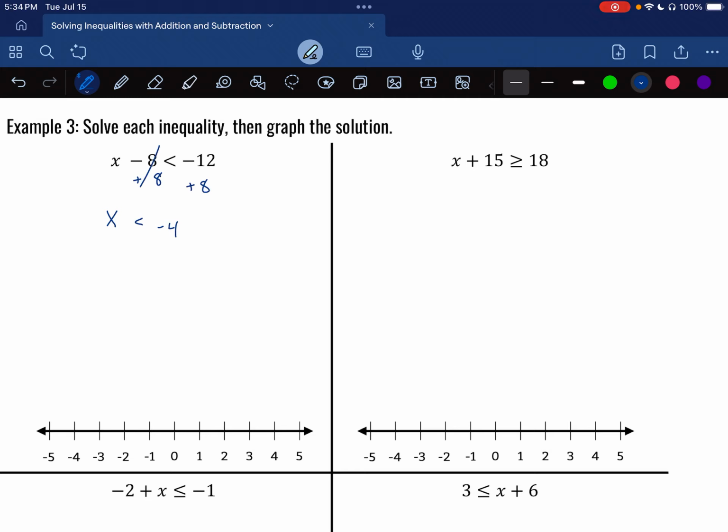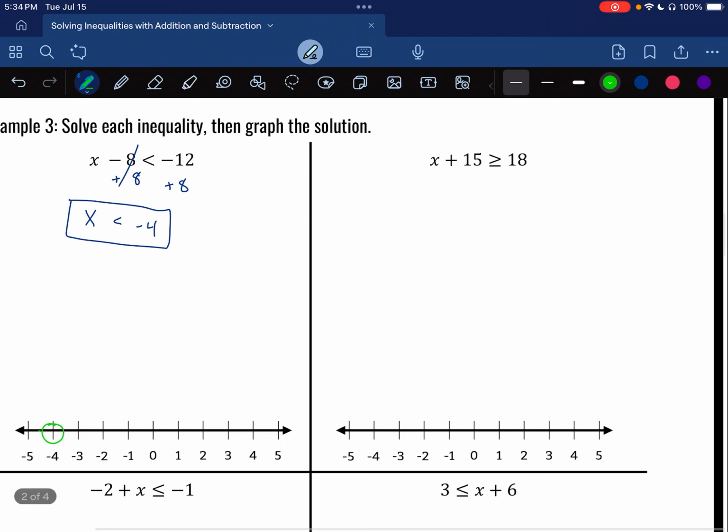Okay. So now we need to box that up so that we know that's our answer and graph it. So x is less than -4 means we have an open circle here at -4, wow, that wasn't very circle-like, huh? Open circle, all right, and then we want smaller than -4, so going to the left.